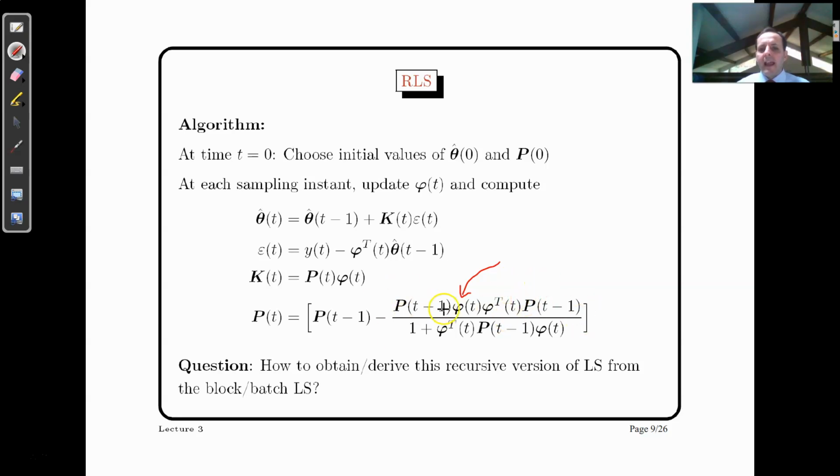You can think of it like an inversion. But if you notice that this product is a scalar, so we have here a vector multiplied by a square matrix P and another vector. So this is a number. So again, there is no inversion.